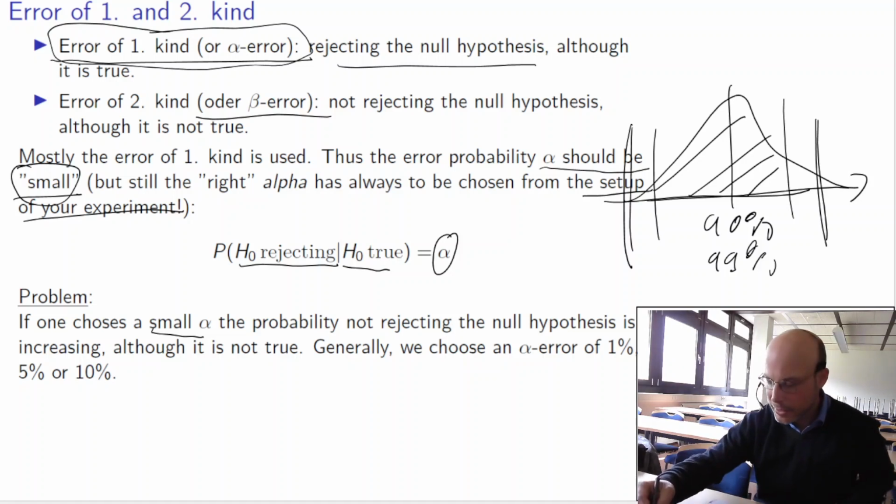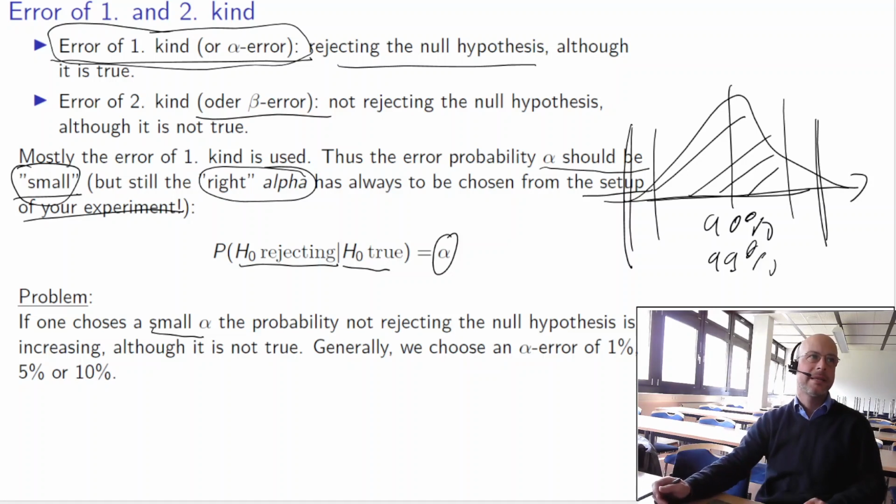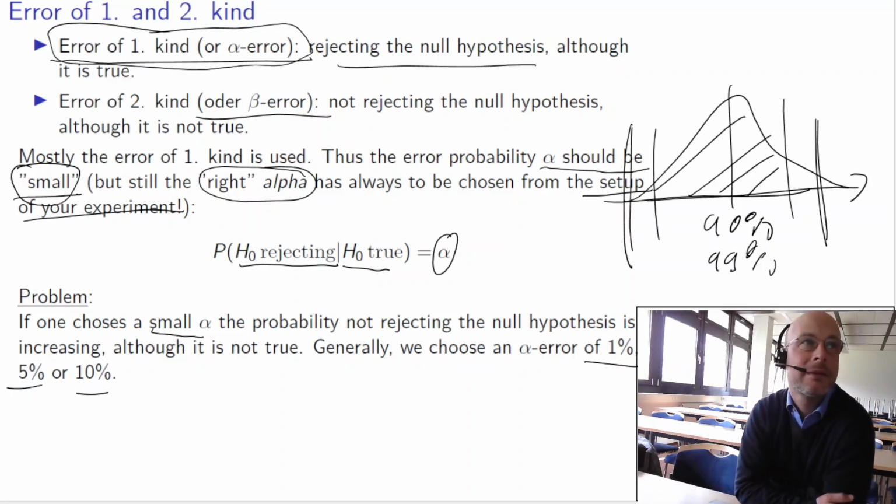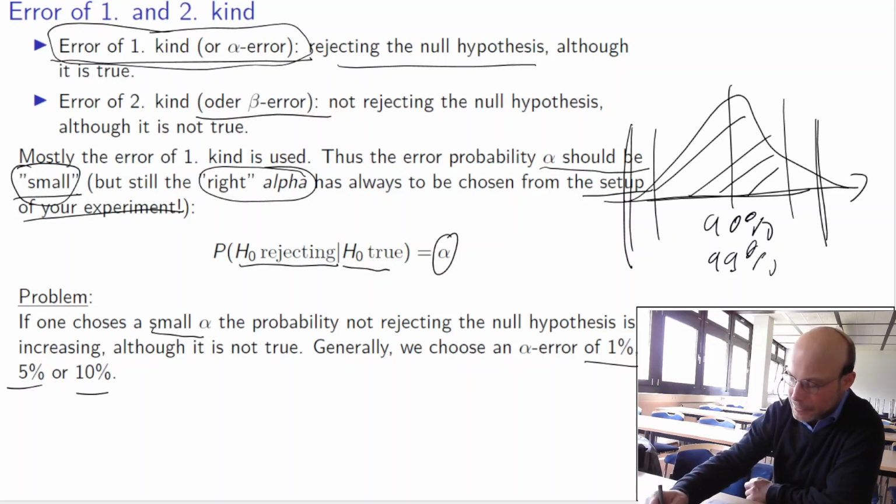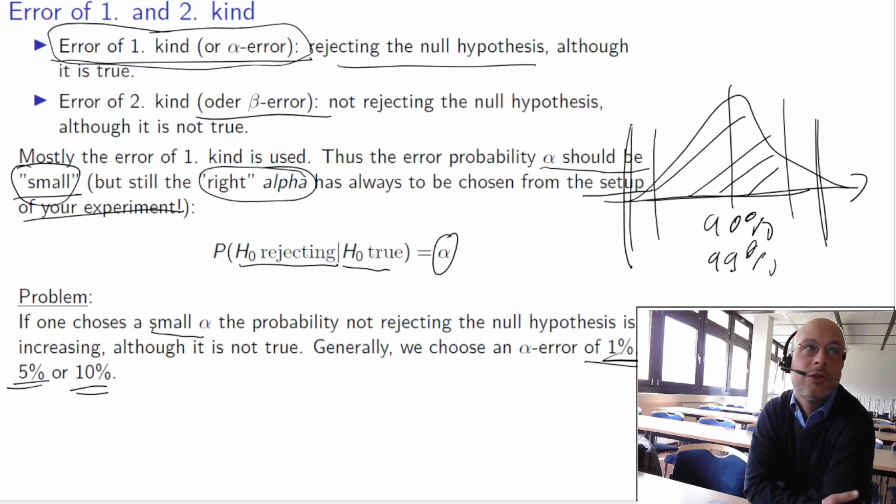And therefore, it is really important that we choose the right alpha, but also in practice, we mostly use 1, 5, or 10%. And this is quite often, and in my understanding, it is right to ask if these general levels we always choose are really the right levels.